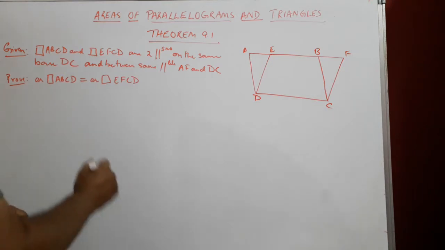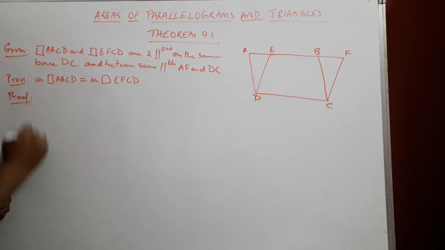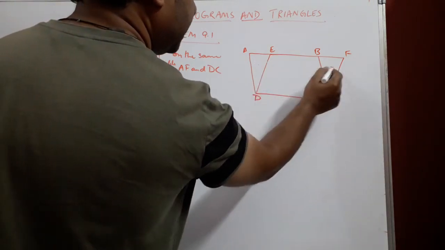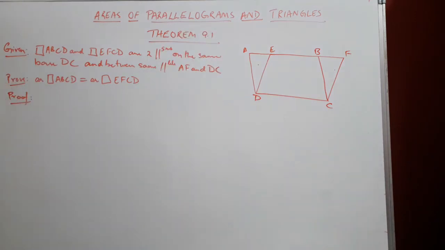So to begin with, we'll begin our proof, and we'll just focus on these two triangles first, that is AED and BFC, or ADE and BCF.